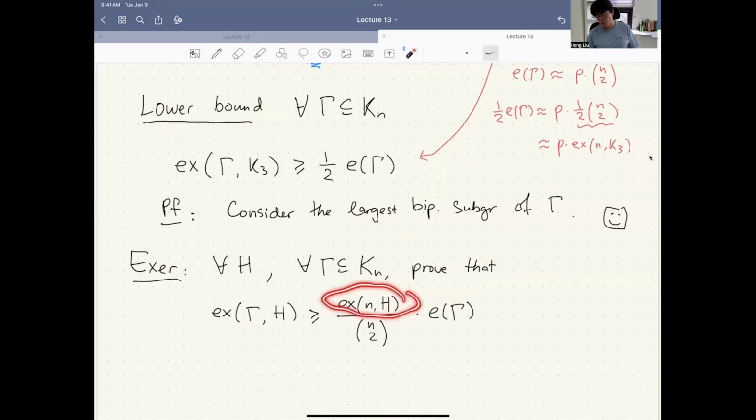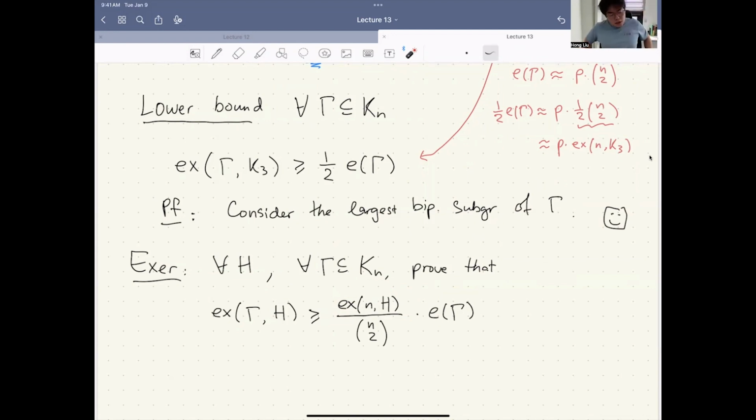Because we overlap them randomly, the proportion of pairs that become an edge, the probability is this. You can compute it with the first moment method.